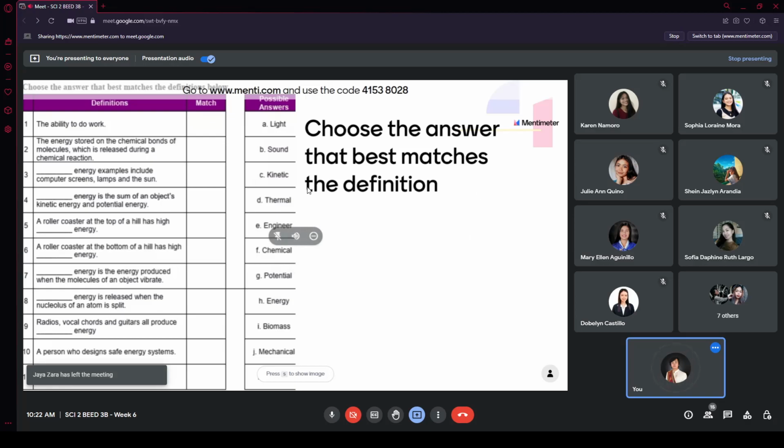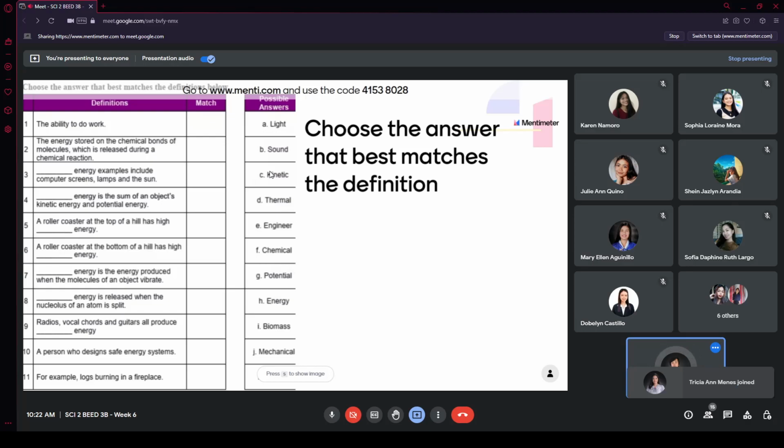This is the thing with kinetic and mechanical. Technically, this should be mechanical because kinetic is a specific term. So number 3, that's light. Number 4, that's mechanical.